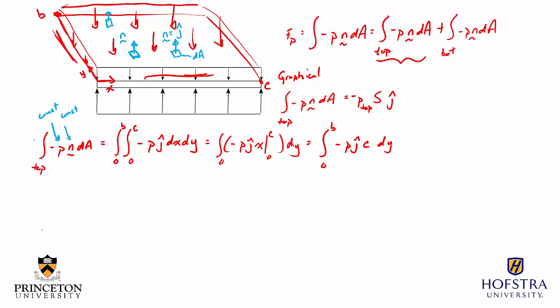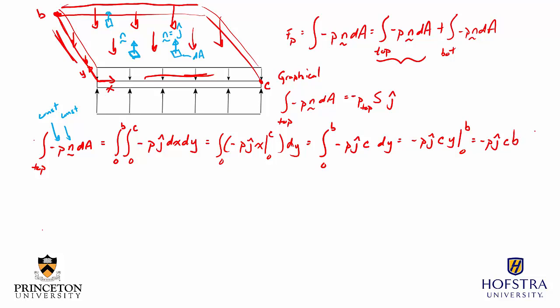Now I integrate again with respect to y, and this gives me minus p in the j direction times c, the integral of dy. Everything else is just a constant, so that's just going to equal y, evaluated between 0 and b, which gives me minus p j c times b.